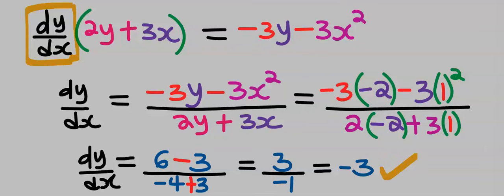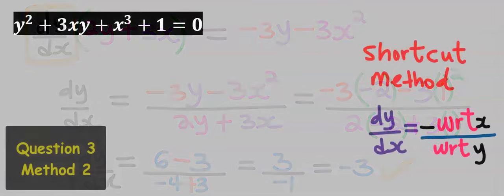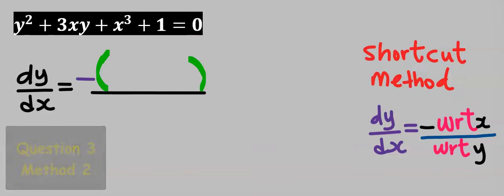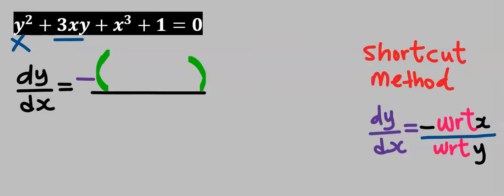Using implicit differentiation, applying shortcut method, this is already arranged to equal to 0. With respect to x at the numerator, this doesn't have x, this got x, hence I will differentiate 3x and I'm going to have 3.